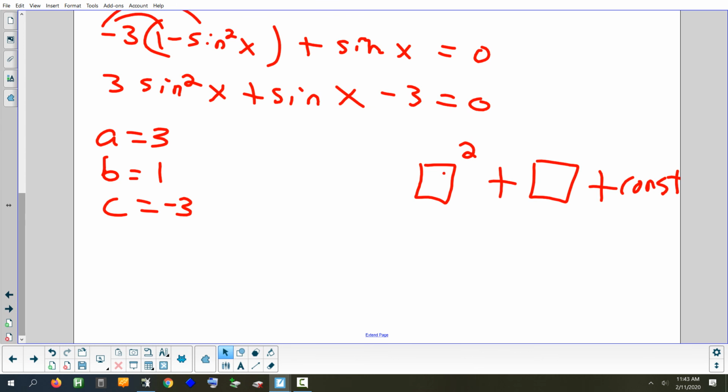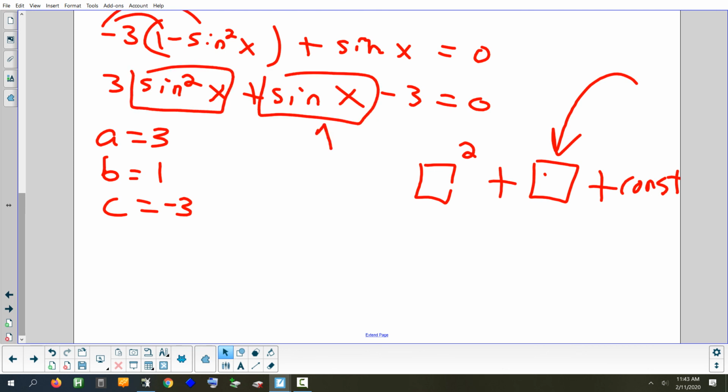And if you just fill in something like that, what are you solving for normally when you use the quadratic formula? Solving for whatever is in that box, which in that case would be x. So when we use the quadratic formula, we are solving for whatever would be in that box. So you're not solving for x. What are you solving for? Sine x.